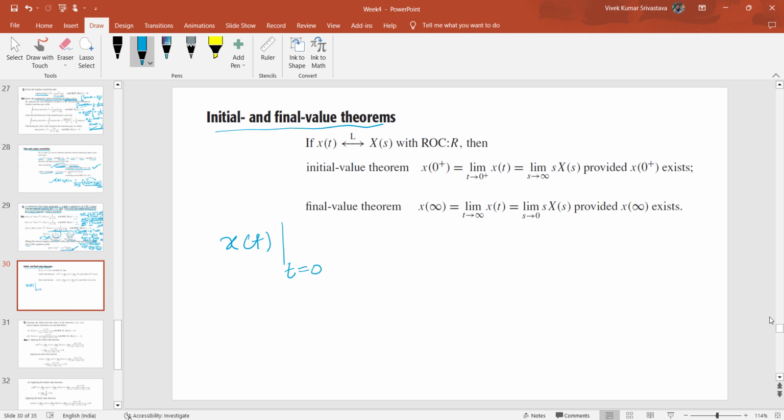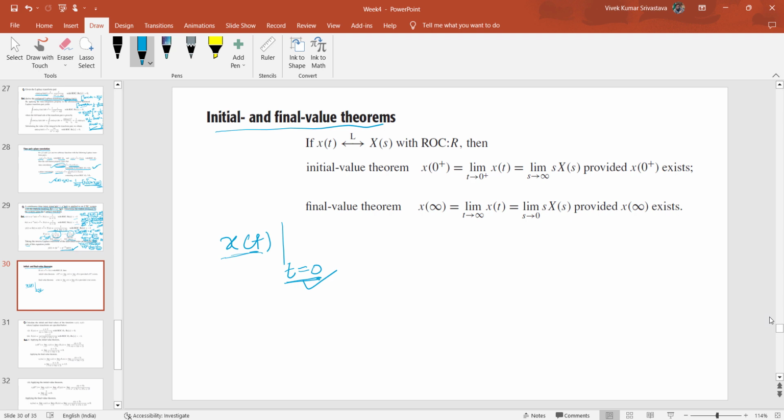Because we consider that at t equal to 0 the signal will start, so this will act as an initial value problem. So once you put t equal to 0 here, this represents the initial value theorem.